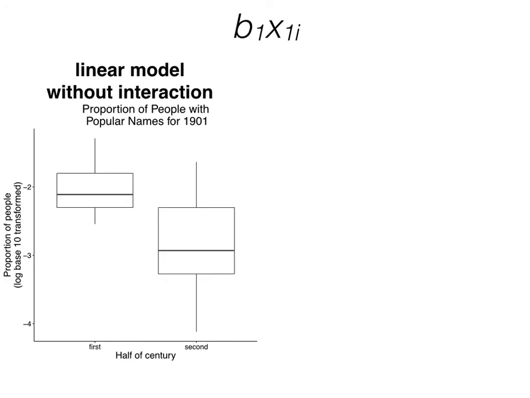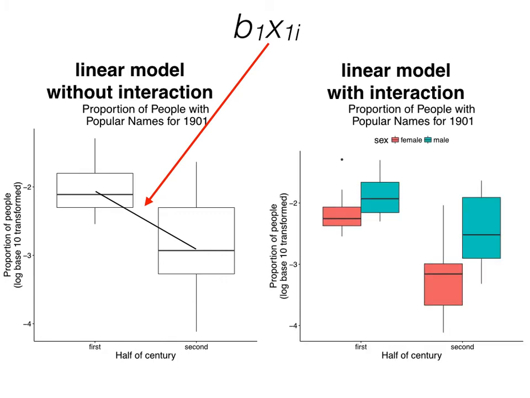In the model without the interaction, to test the effect of x1, or the effect of half century, we look at the data points in each half century collapsing across x2, sex, and get the difference between these boxes to get our b1. Conversely, in a model with the interaction, to get b1, we only look at the difference for half century given that sex is set to the baseline value. And that difference is our b1.